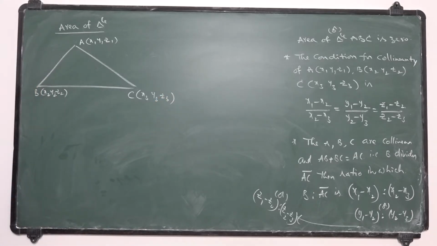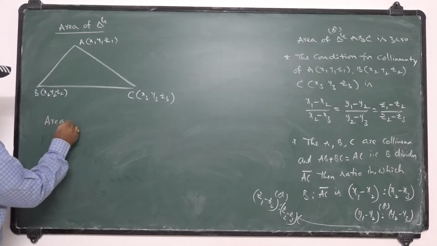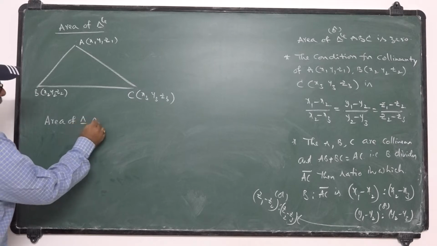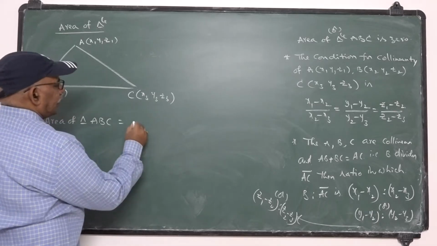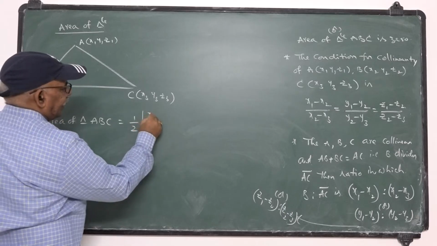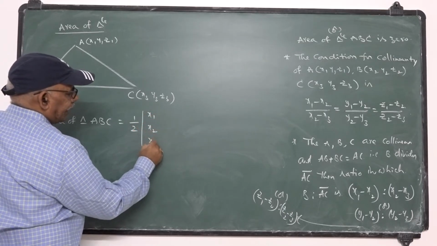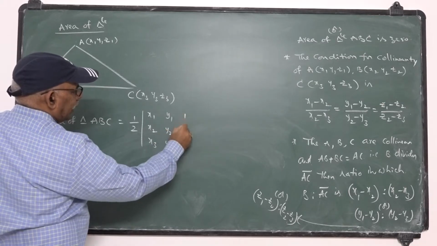They be the vertices of a triangle. Area of triangle ABC is given by half into the determinant of x1, x2, x3, y1, y2, y3, 1, 1, 1.